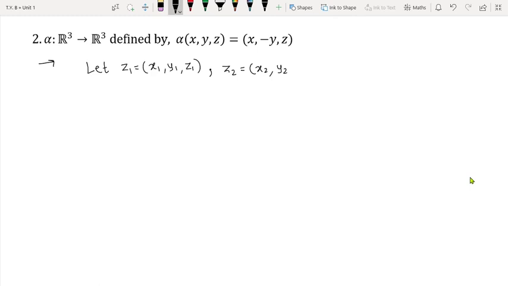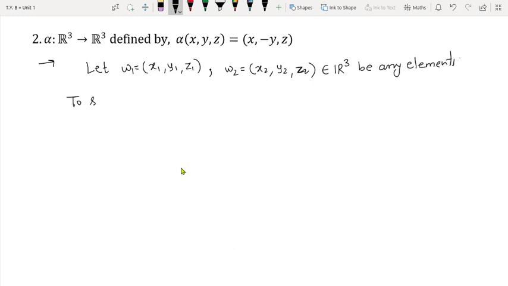Oh, now this is somewhat complicated because z is already there, so I will use some different notations. So instead of z1, what I should go for, let us say w1. Okay, so I will select w1, okay, and w2, yeah, w1, w2 belonging to R3 be any elements.